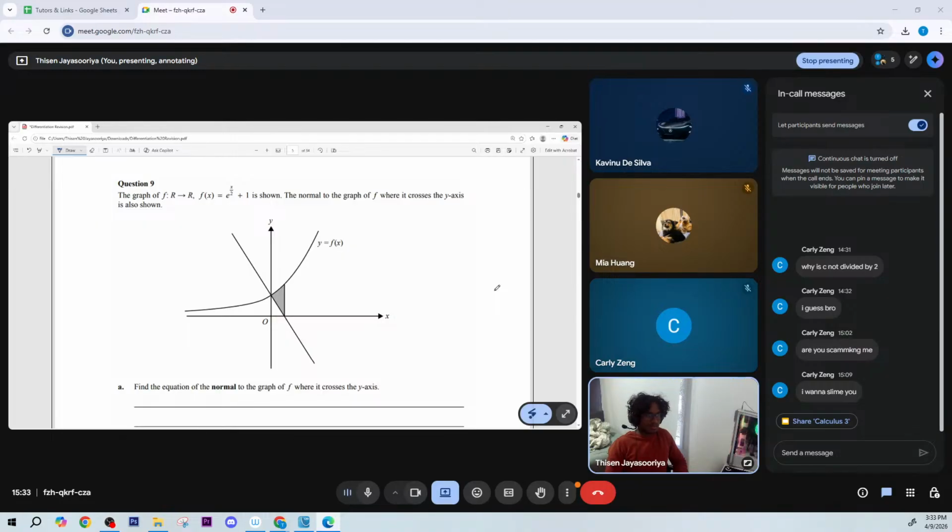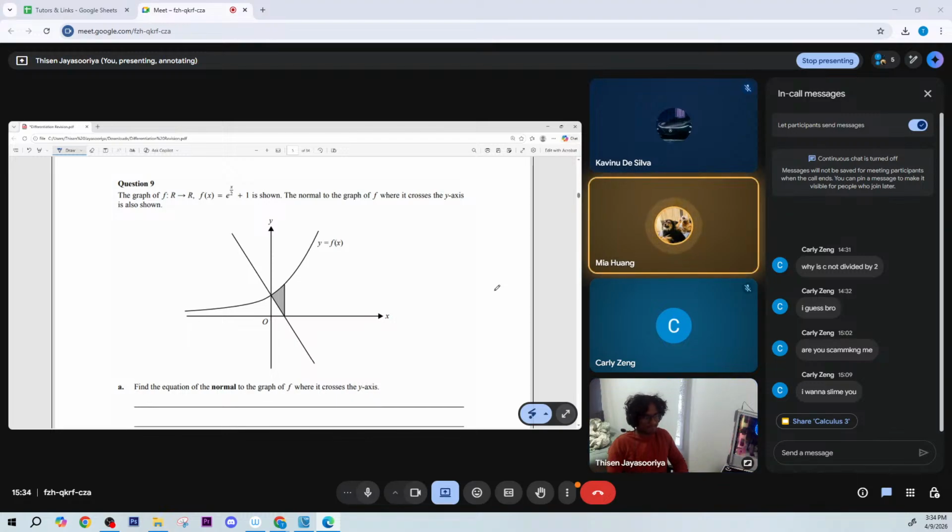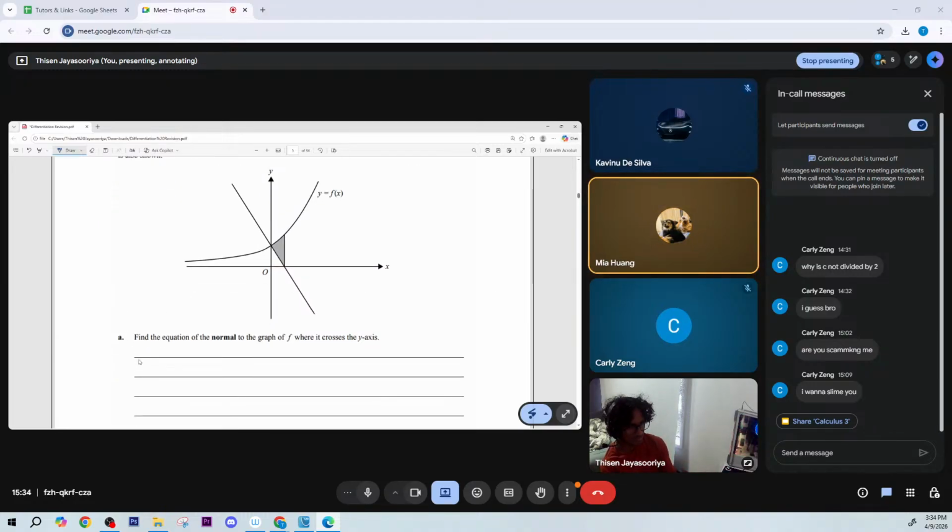Mia, how can I find the equation of the normal line using the information that I've been told? Do I find the derivative and then sub in the point that I want and then find the minus 1 over m? Yeah.